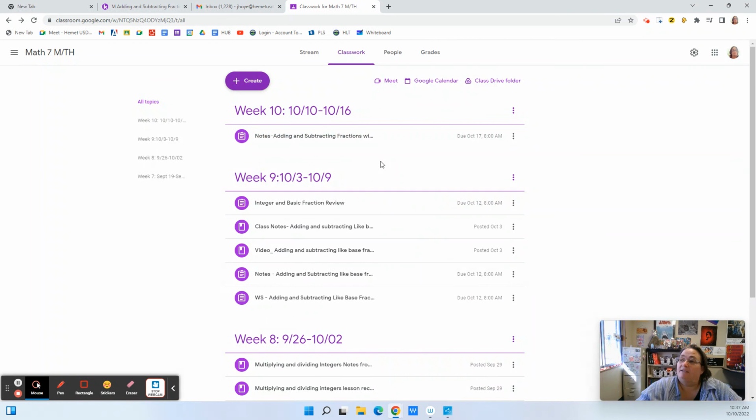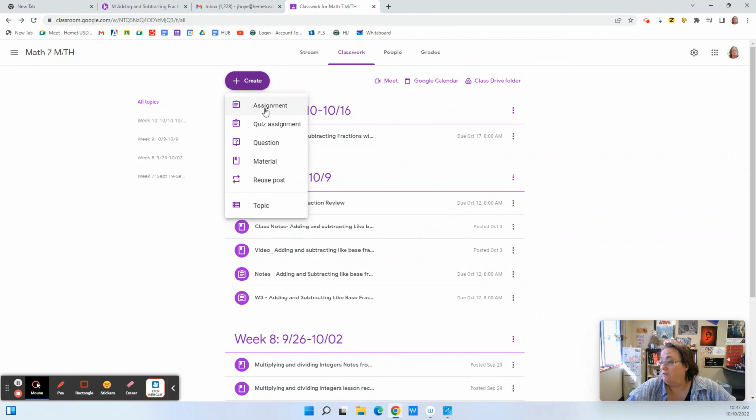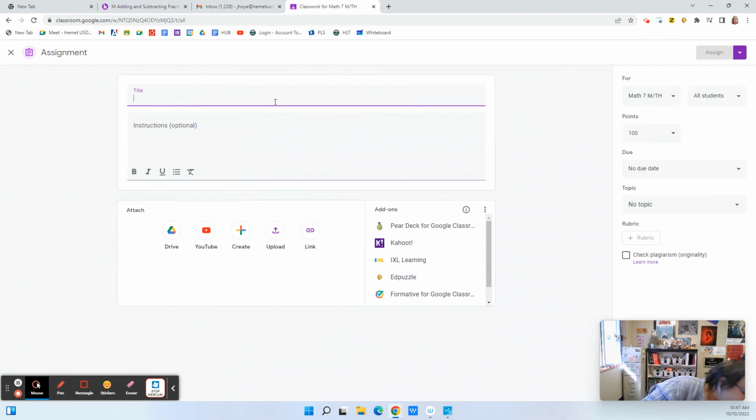Okay. Right. So when I create it, here, I'll do it right now so you can see. Create assignment. Shoot, I got to get my keyboard back. So I'm going to put in worksheet. Adding and subtracting fractions with different base.